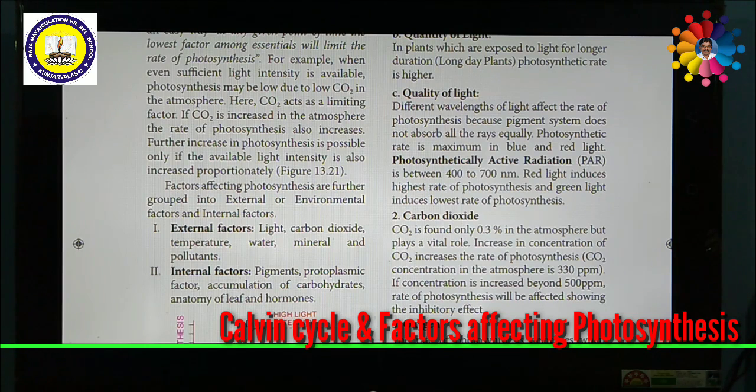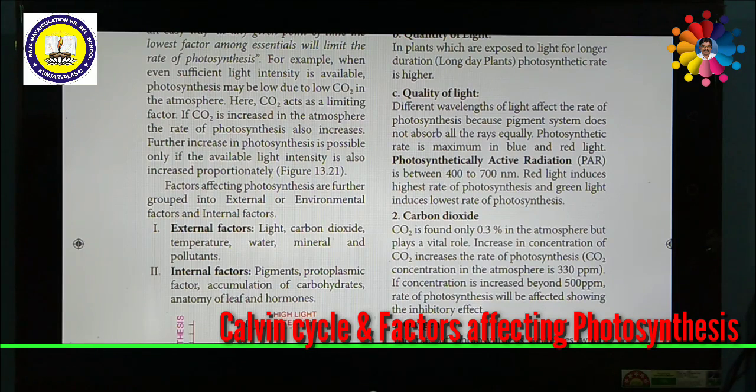Then various minerals also play an important role in affecting photosynthesis. Deficiency of certain minerals affects photosynthesis. For example, the minerals involved in the synthesis of chlorophyll are magnesium, iron and nitrogen. The phosphorylation reaction takes place with the help of phosphorus. Photolysis of water depends upon manganese and chloride ion.